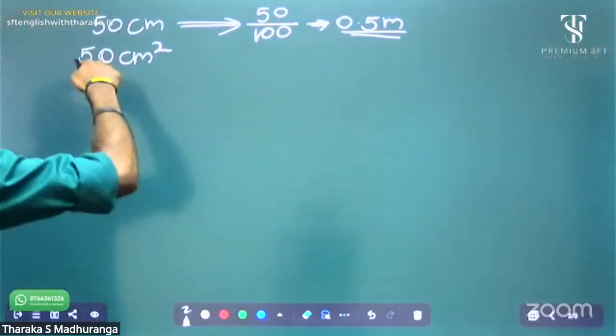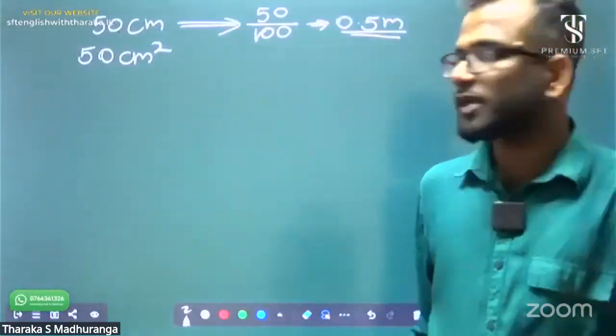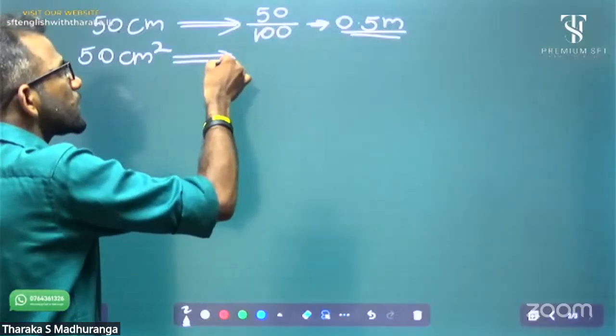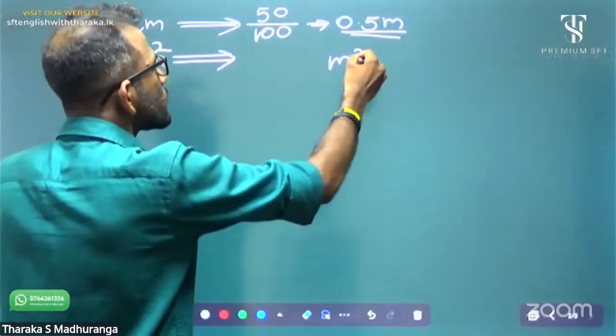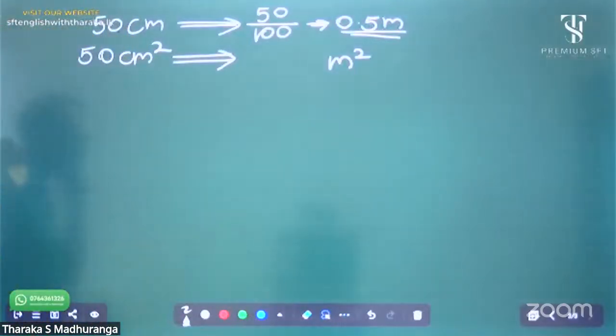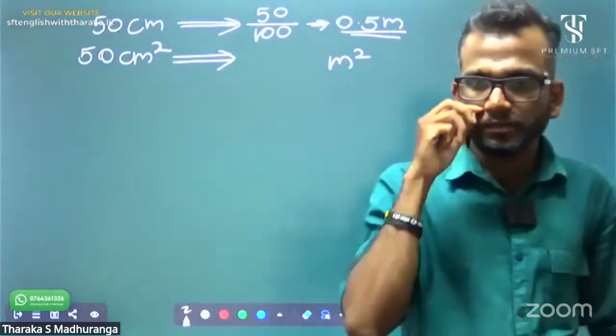Now I have area 50 square centimeters. Normally the standard unit for area is square meter, so I want to convert this value into square meter. How do you convert 50 square centimeter into square meter?